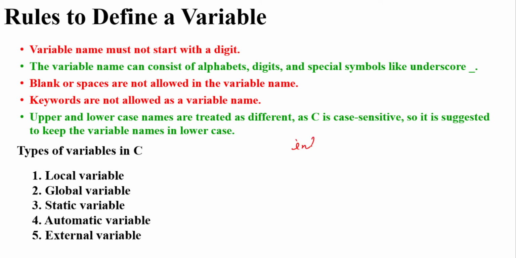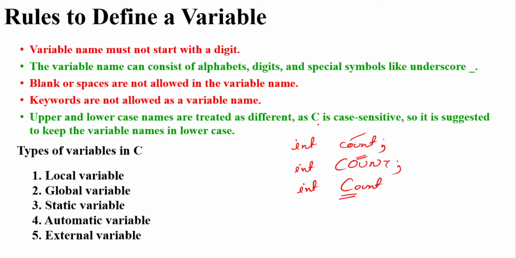If you say int count, and if you say int capital COUNT, these are two different variables because the character case is different. And again Count, so these are three different variables.